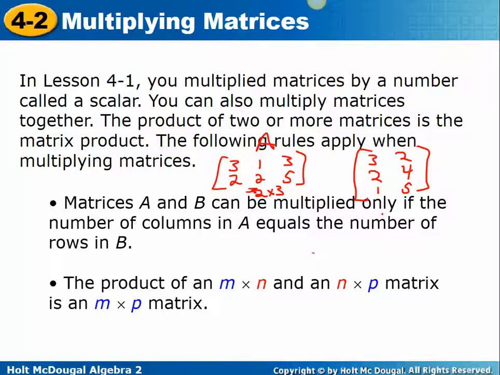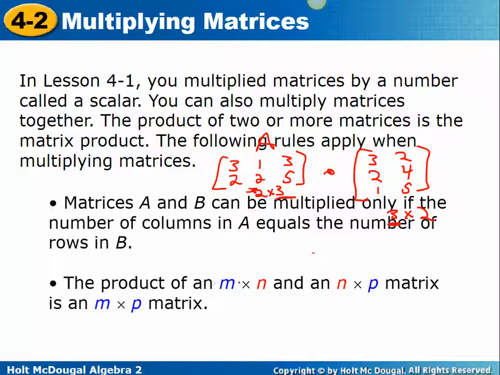So this would be a 3 by 2. So this one has 3 columns, this one has 3 rows. Those two things have to equal each other in order to be able to multiply these. In order for multiplication to be defined for matrices, that has to be true.